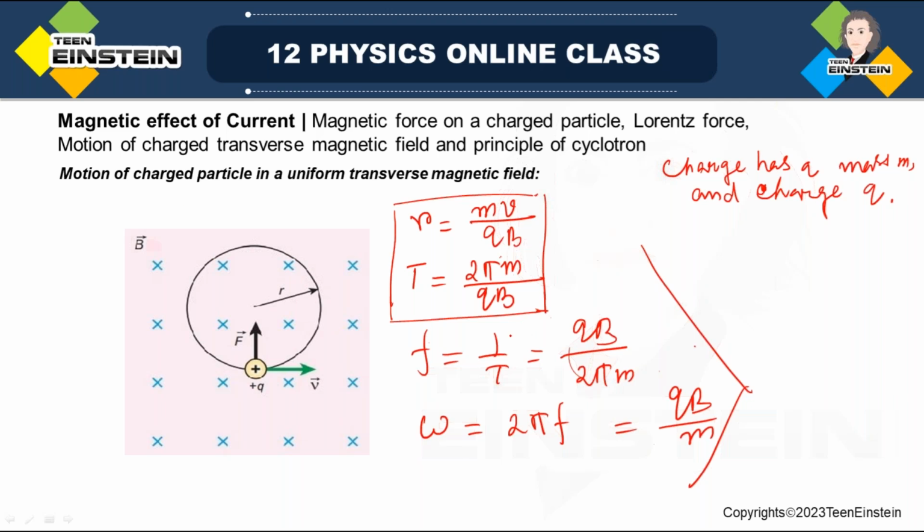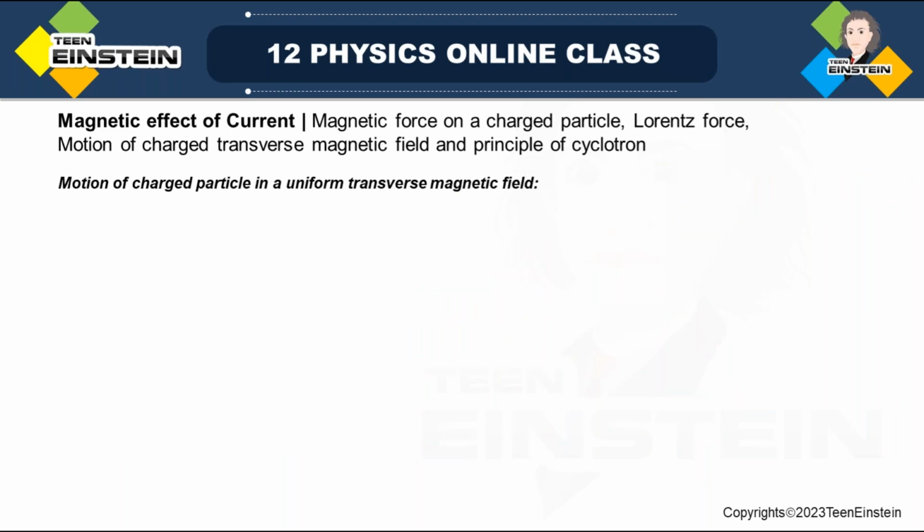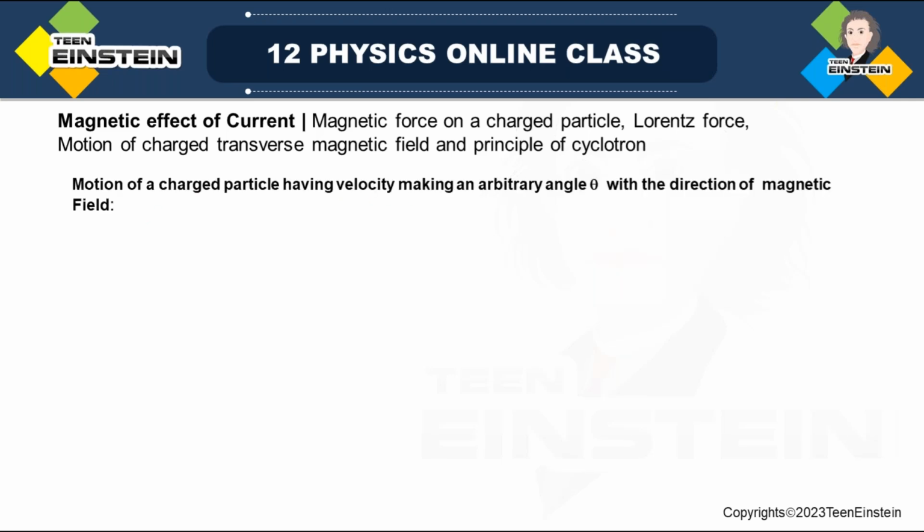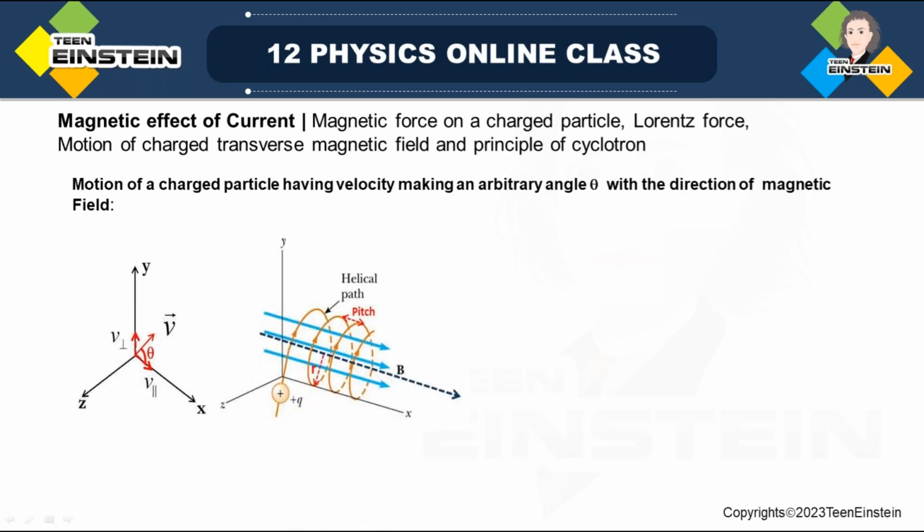So this is when a charged particle moves in a uniform transverse magnetic field. But suppose the charged particle is moving in a uniform magnetic field, but making an angle with the magnetic field.